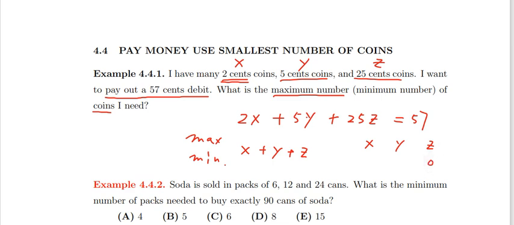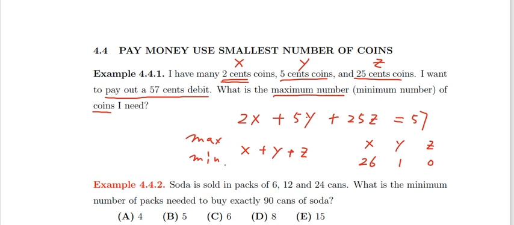We cannot put y as 0. We have to use y as 1, a 5 cents coin. Then we have 52 left, so we need 26 2-cent coins, right? So in this case, x plus y plus z maximum is 27.